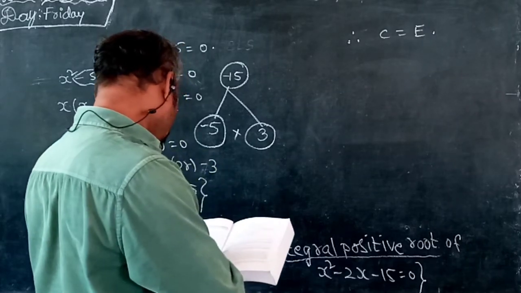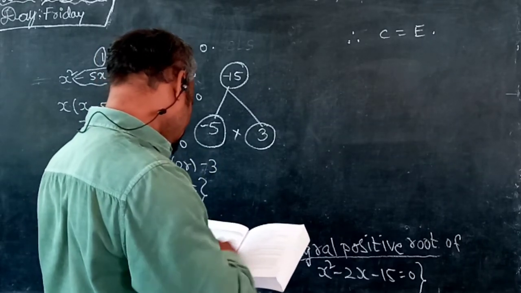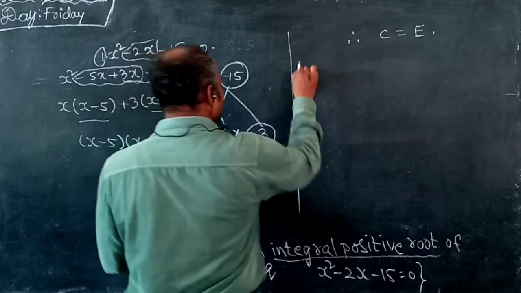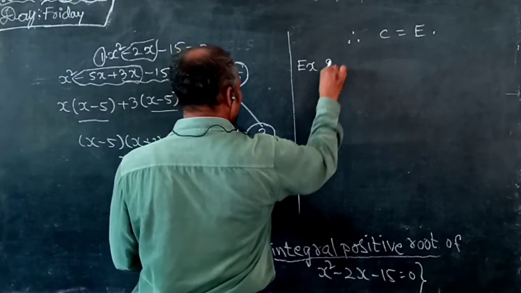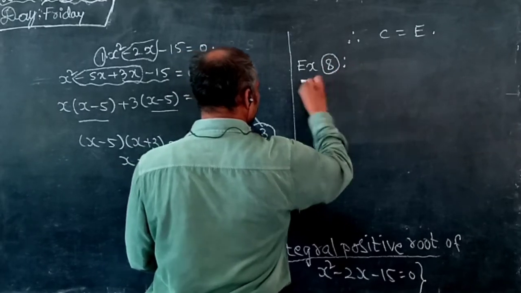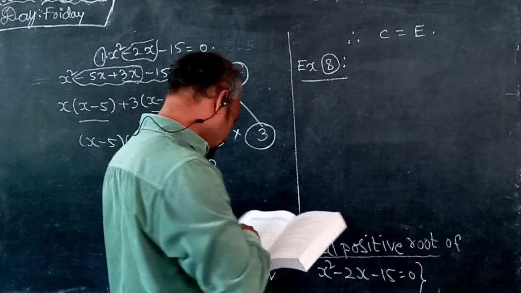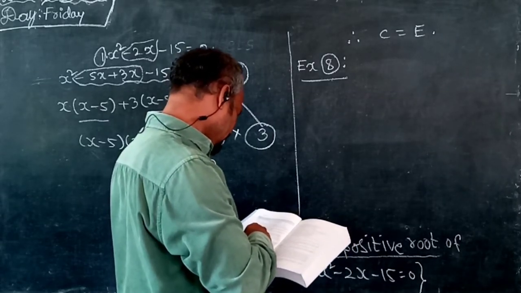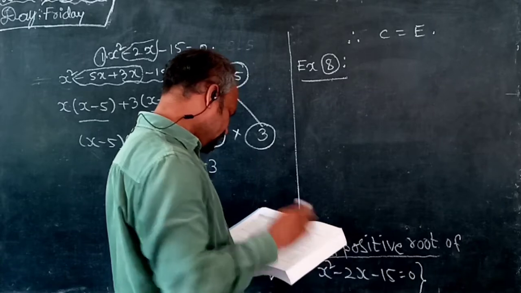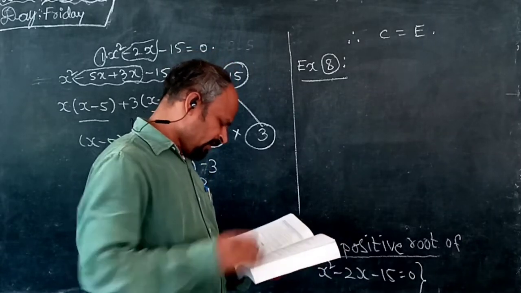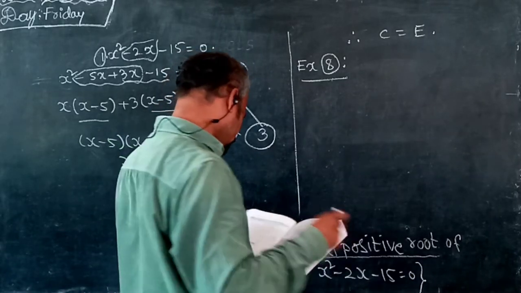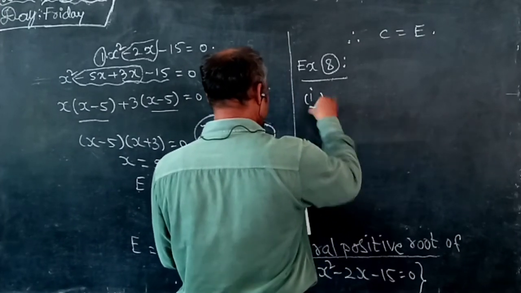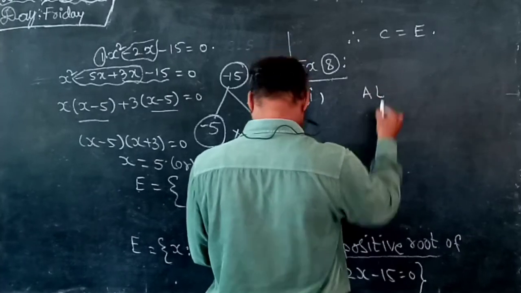Which of the following pairs of sets are equal? Justify your answer. This is Example 8 from NCERT. X is the set of letters in alloy, and B is the set of letters in loyal. First, what is the word here?